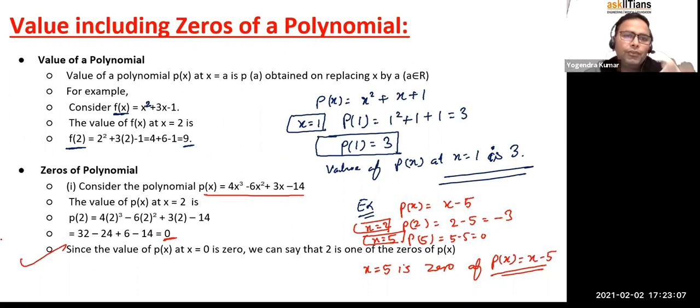But there are two different things you need to understand: the value of the polynomial and the x values. X values are like input, and the value of the polynomial is like output.